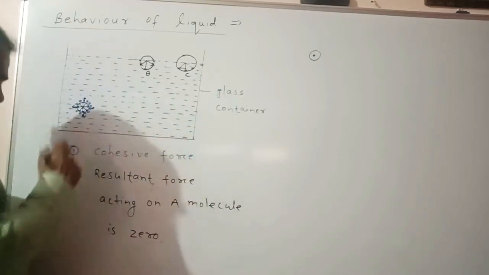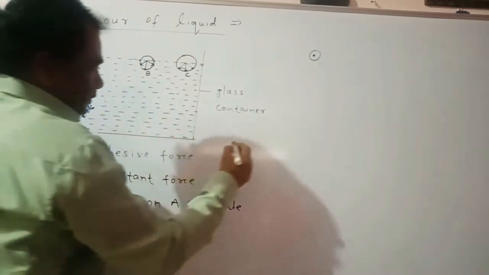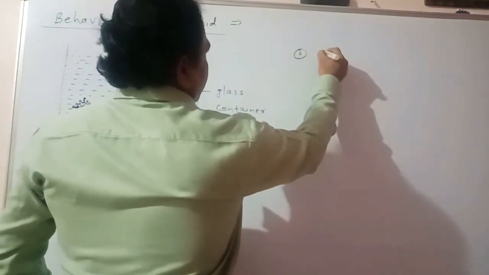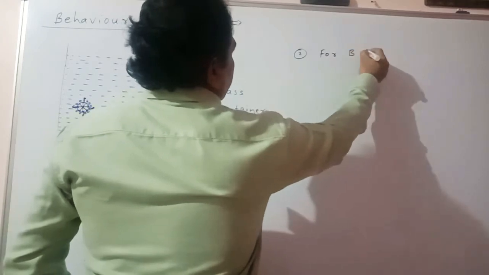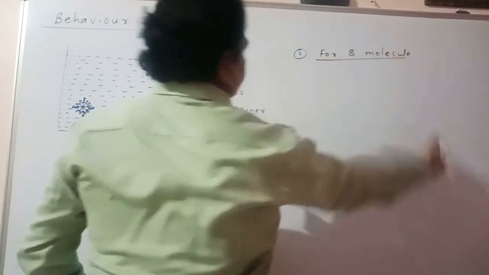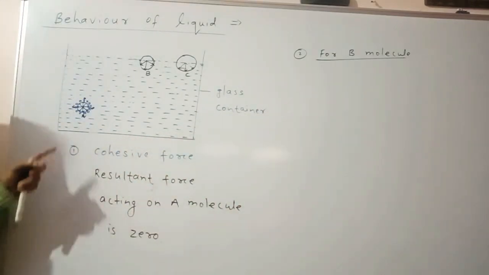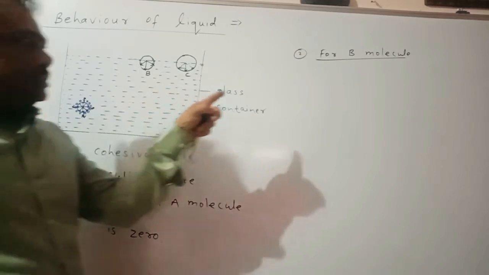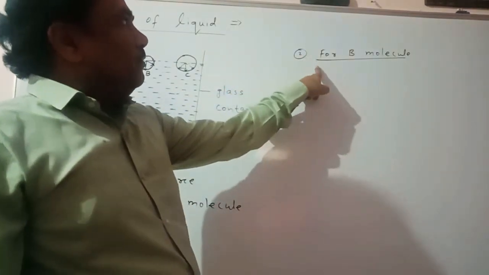Now consider the second point, for the B molecule. The first point was for the A molecule. Now we are discussing the second point, for the B molecule.